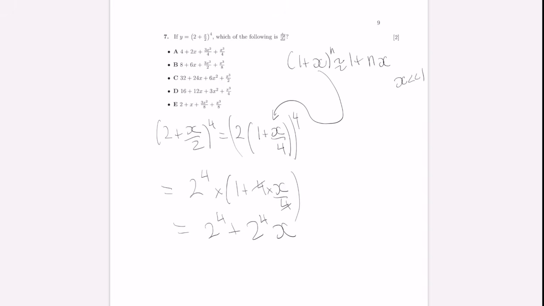Now, if we were to differentiate that, the first term is just going to be 2 to the power of 4, because after differentiation, the constant is going to go, then x is going to go because we've differentiated that. So 2 to the power of 4 is 16, meaning that our first term must start off with 16, and the only one that fits the bill is D, which is the correct answer.